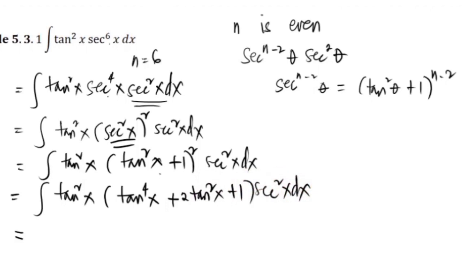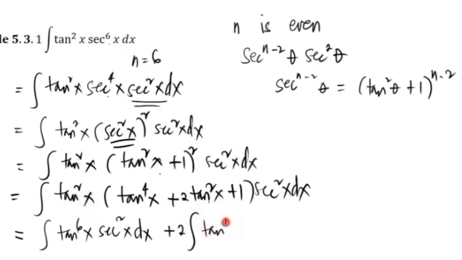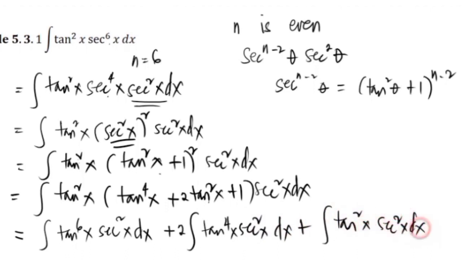So, magkakaroon tayo ng integral of tangent to the 6x secant squared x dx plus 2 integral of tangent squared times tangent squared, so that's tangent to the 4th x secant squared x dx plus the integral of tangent squared x secant squared x dx.